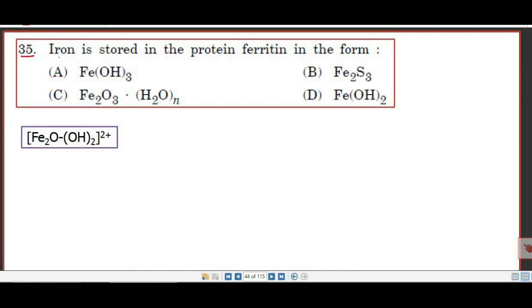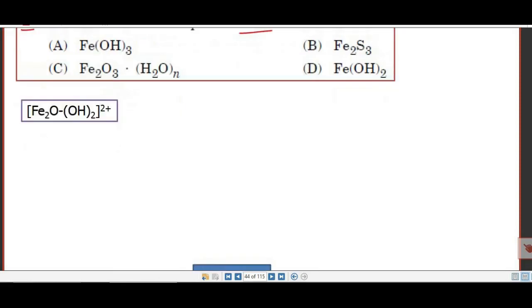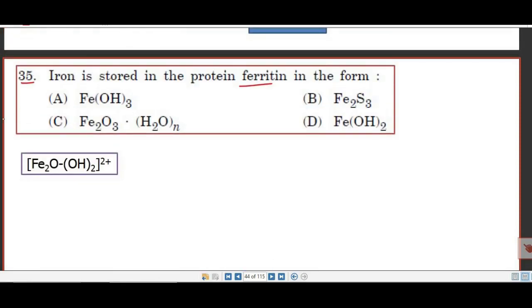Question number 35. Iron is stored in the protein ferritin in the form of? The answer is C. In the protein ferritin, iron is stored in the form of Fe3+. We calculate in this molecule: the iron is 2x, plus oxygen is -2, for OH it is -1 into 2, that is -2.